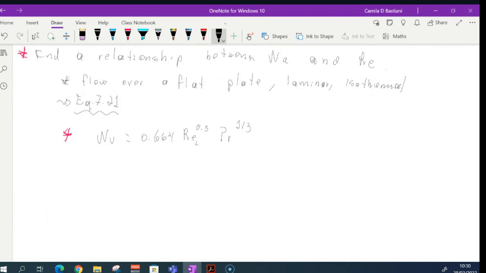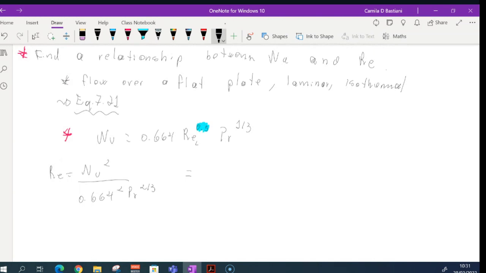So I want to solve that for my Reynolds number, because what I want to find here is my Reynolds number. Reynolds equals Nusselt squared divided by 0.664 squared, Prandtl to the 2/3. I just manipulated that one to remove the 0.5 exponent.